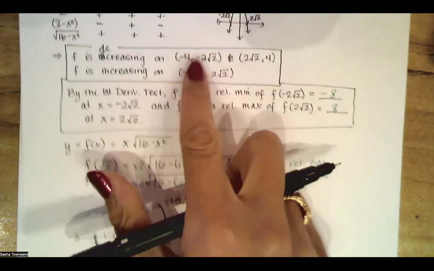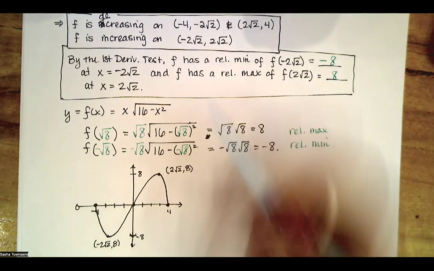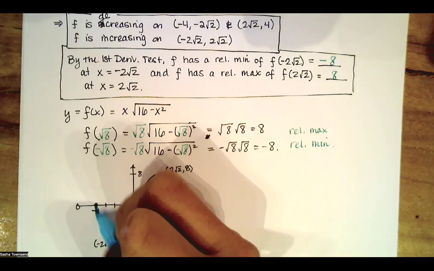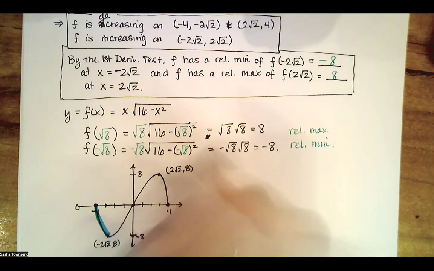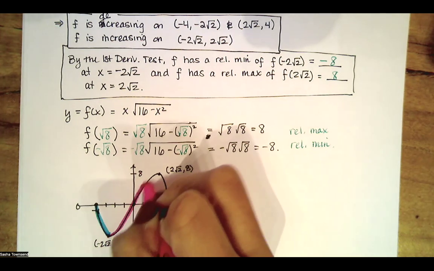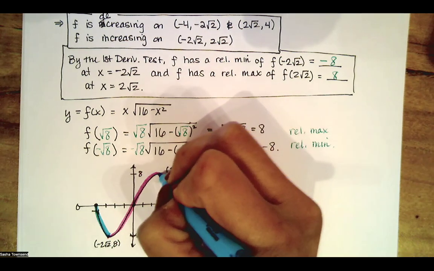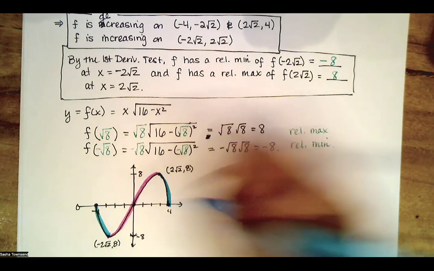We said our function is decreasing on this first interval, on the interval from negative 4 to negative 2 root 2. And then it's increasing from negative 2 root 2 to positive 2 root 2. And then it's decreasing from positive 2 root 2 to 4.